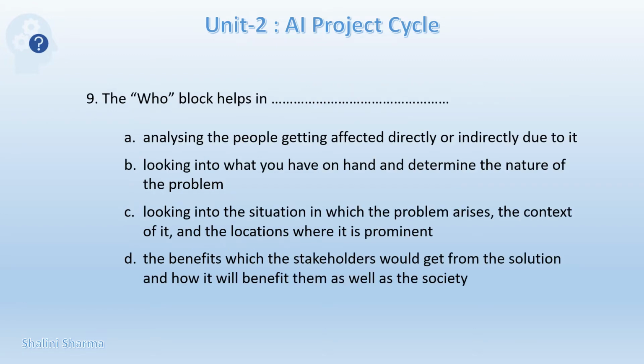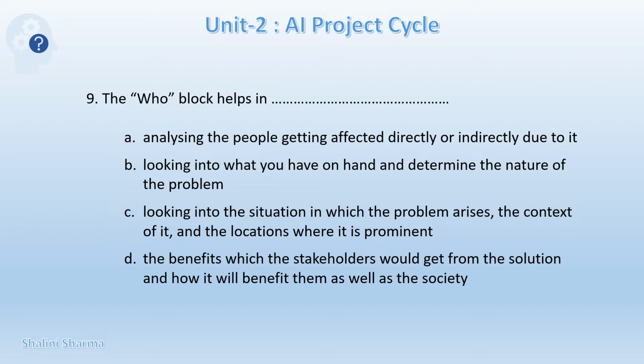Stakeholders. The WHO block helps in A. Analyzing the people getting affected directly or indirectly due to it. B. Looking into what you have on hand and determine the nature of the problem. C. Looking into the situation in which the problem arises, the context of it and the locations where it is prominent.